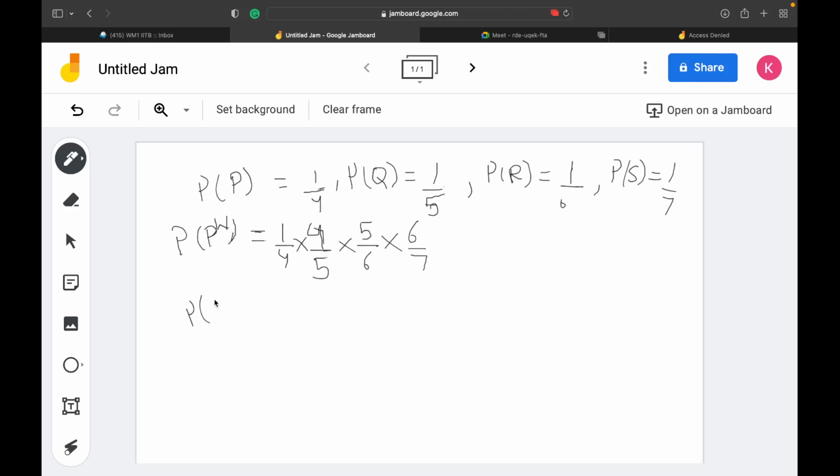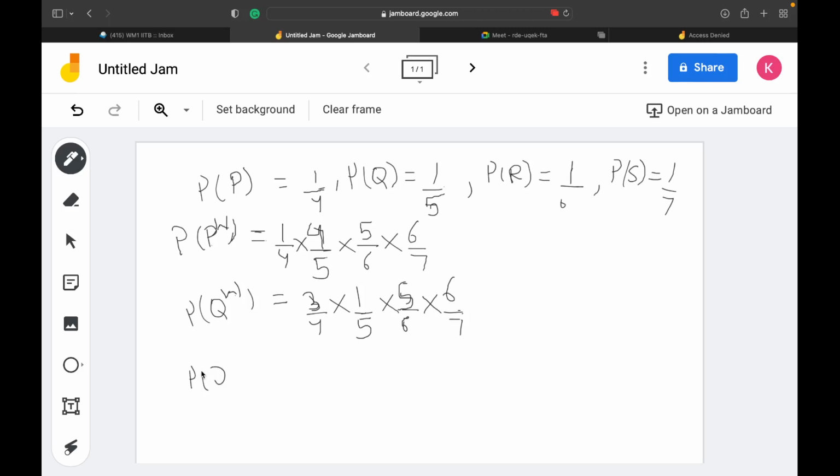Similarly, the probability for Q to win the race is 3/4, the probability that P will lose, then 1/5, the probability that Q will win, then 5/6, the probability associated with the event that R will lose, and similarly 6/7, the probability that S will lose the race.